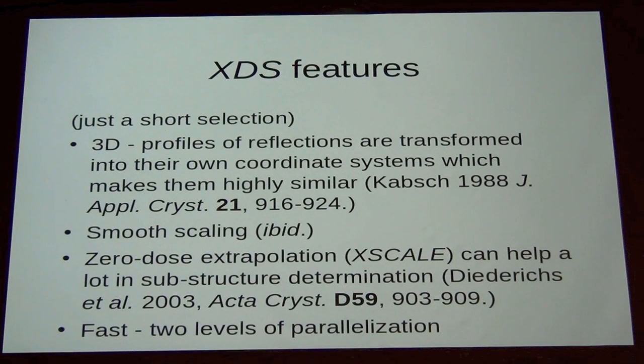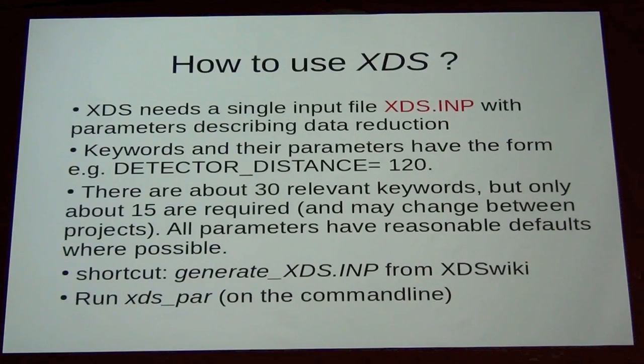Internally it cuts the data set into some number of pieces, as many as there are computers that should work on the data, and it tells each computer what to do, and the computers do their work independently, and in the end things are joined together. This is very important at beamlines where data processing should be as fast as data collection.